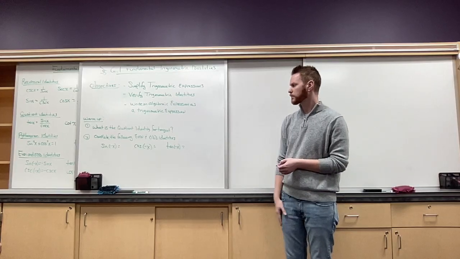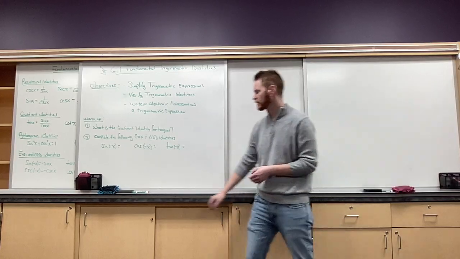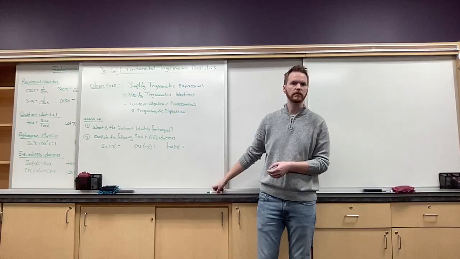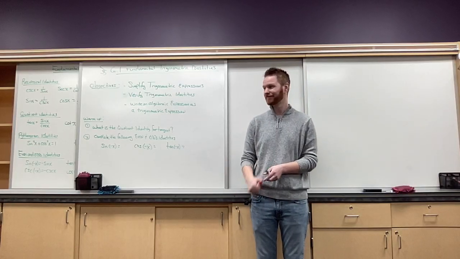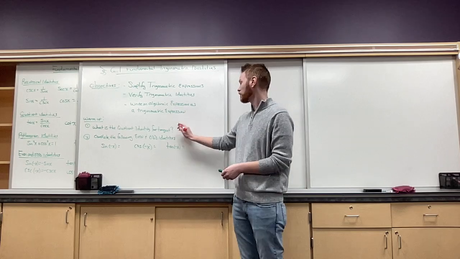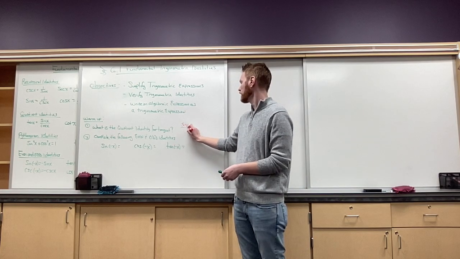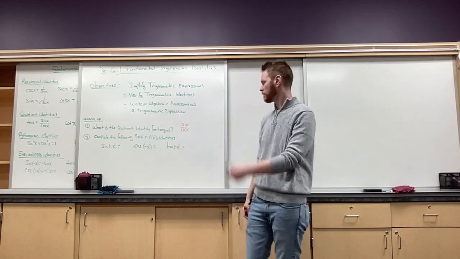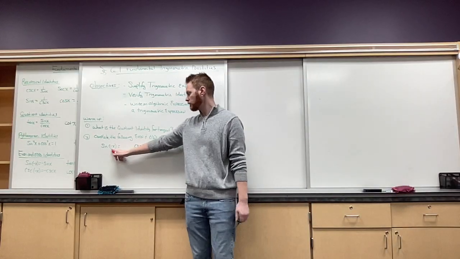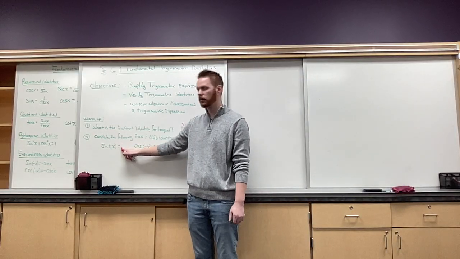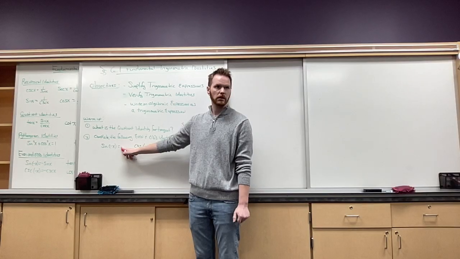Okay, a couple of warm-ups. So the first one is, what's the quotient identity for tangent? It's actually on that board that I just covered. There it is. So for tangent, it would be what? Sine over cosine, right? And then for the even and odd stuff, if the angle's negative for sine, then what's that equal to?